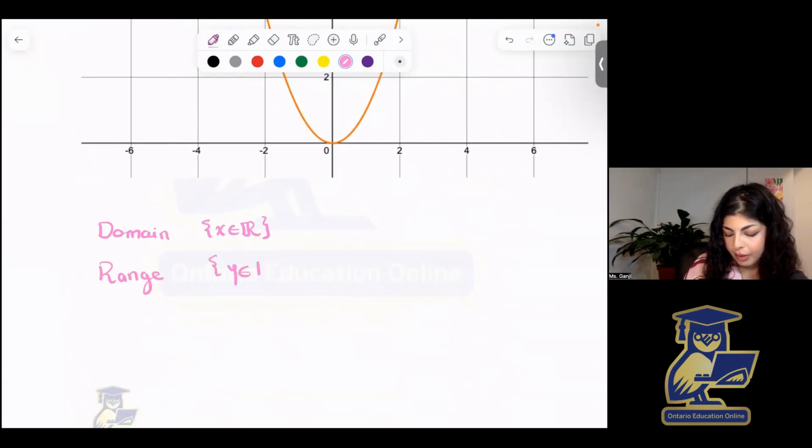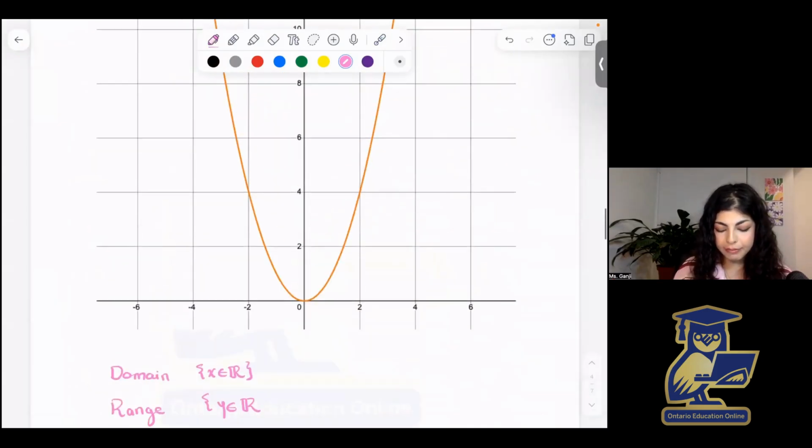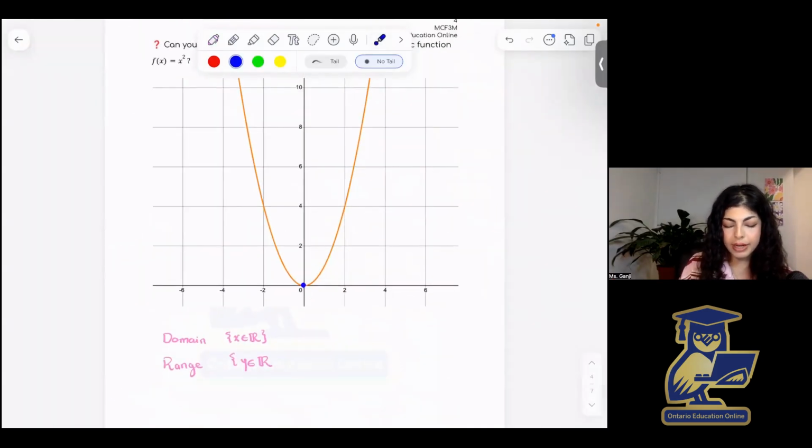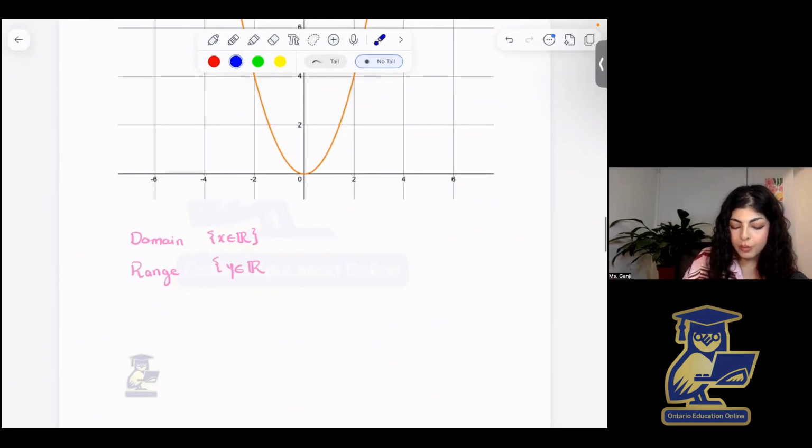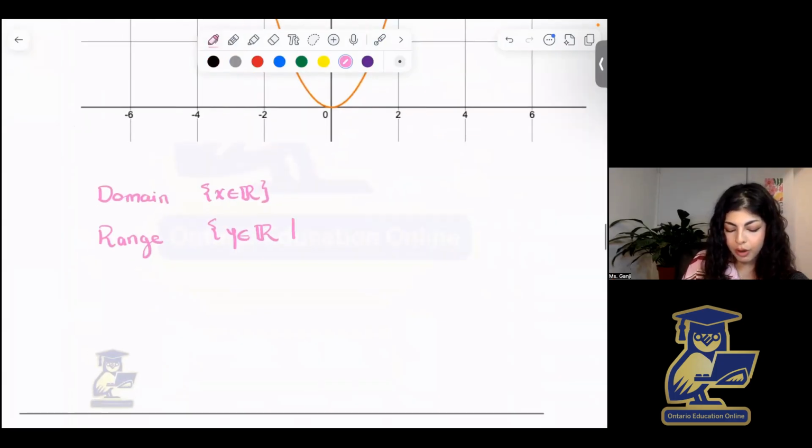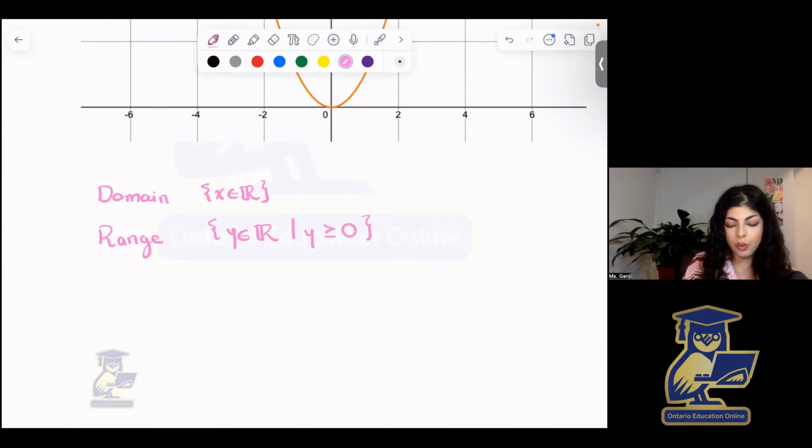However, can I have any y values that are negative? Even just looking at the graph, does my graph ever have an output that is negative? No. So then we do actually have a restriction for our range. But in this case, y can be equal to 0. So we write y is greater than or equal to 0 because clearly we have that 0 point there.